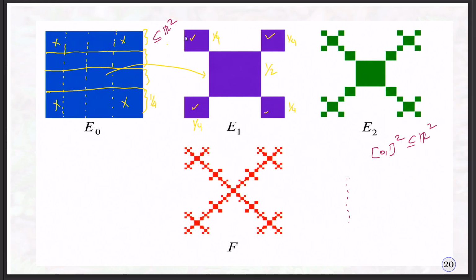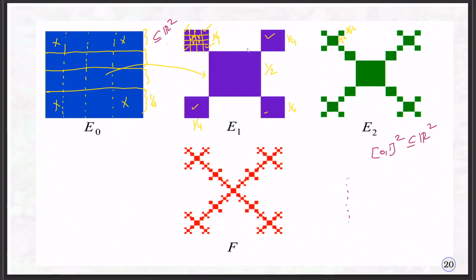Similarly, divide this into 4 parts like this, then keep these 4 and this middle one. These 4 have the ratio 1 by 4 power 2, and the middle one we are keeping has the ratio 1 by 2 power 2. So this has the ratio 1 by 16, and this has the ratio 1 by 4.